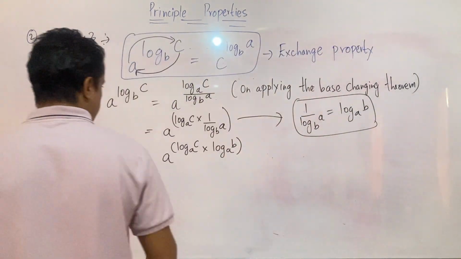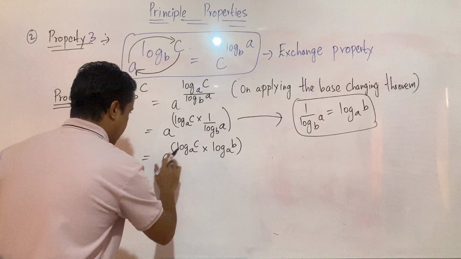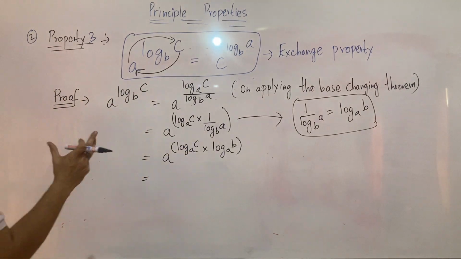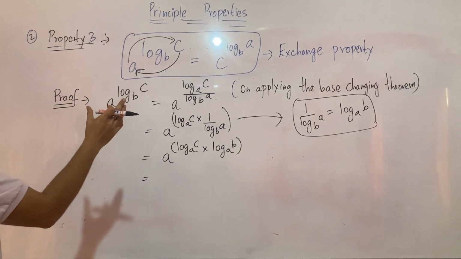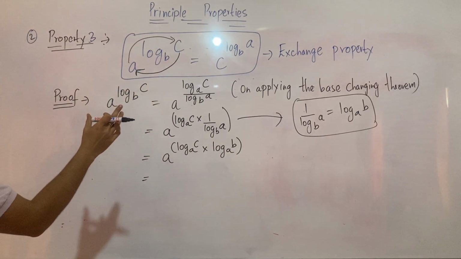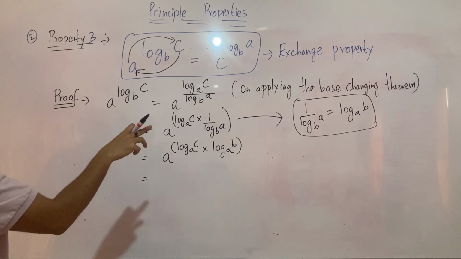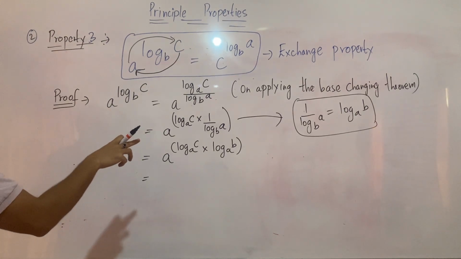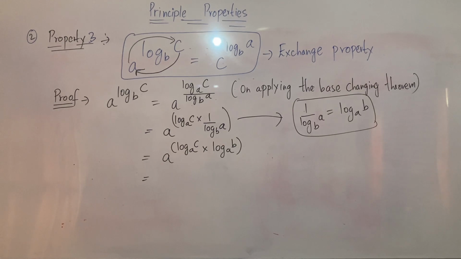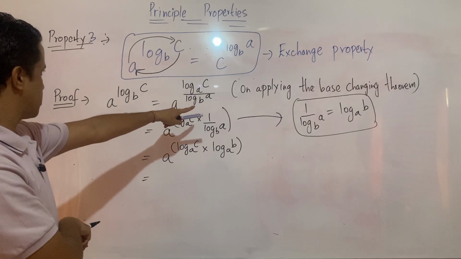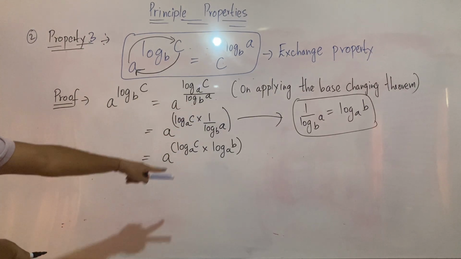So now if you see this thing, log of b to the base a, so it's going to be c to the base a, and here b to the base a.